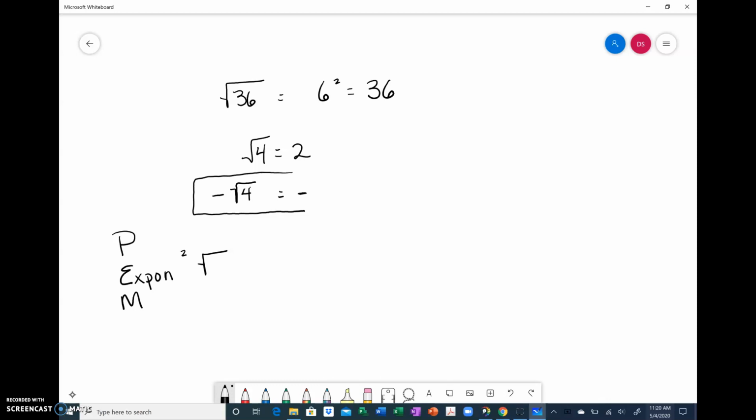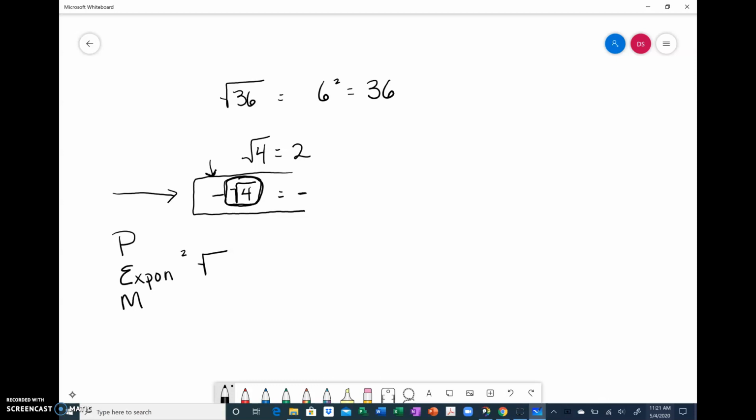It also includes square roots, okay? So, looking back at this expression, you are going to deal with this exponent part, the square root, before you attach that negative sign, okay?